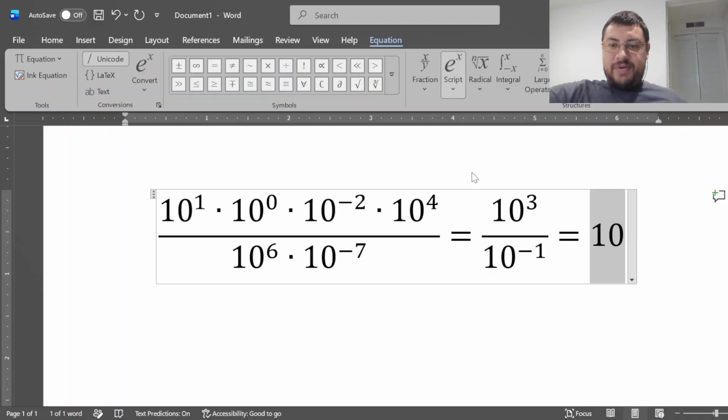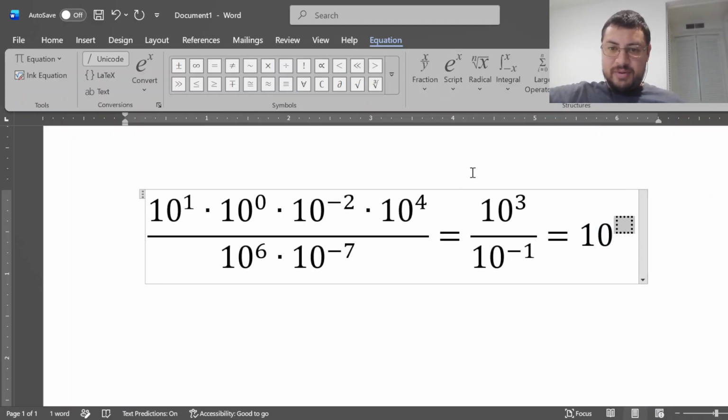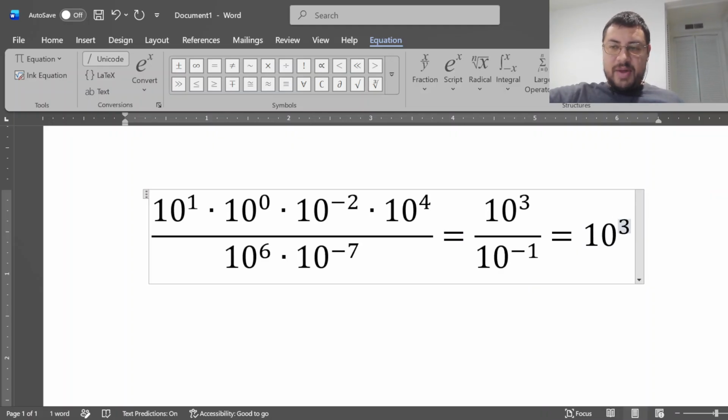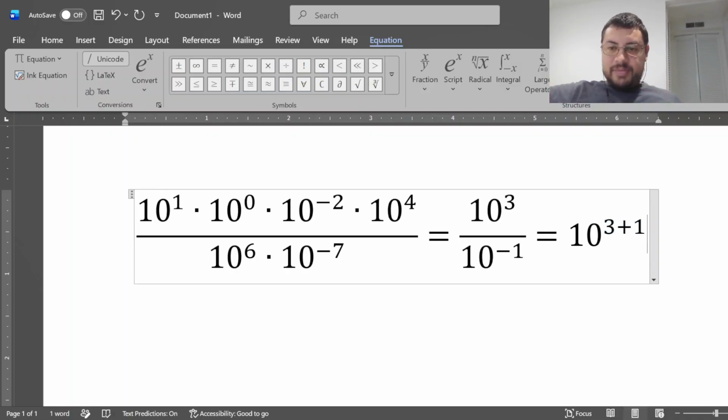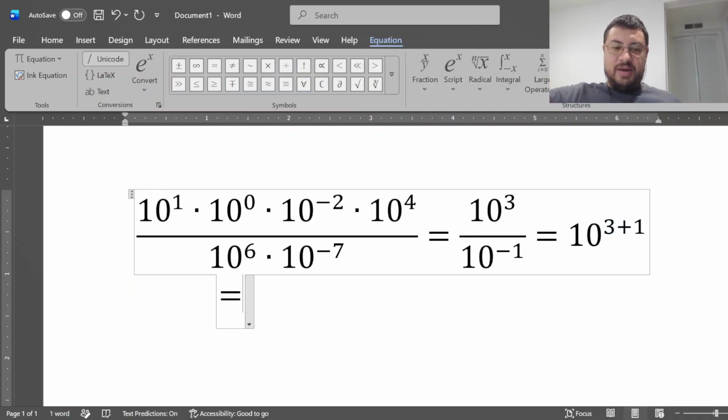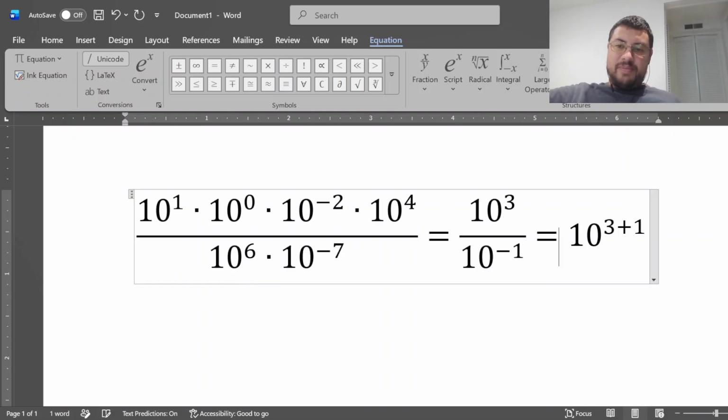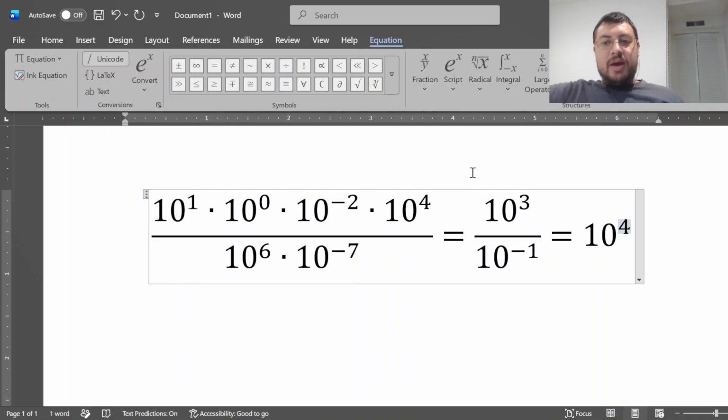Sorry, I'm not in my office where I have fancy graphic tools. So this would be 3 plus 1, 3 minus -1, whatever you want to call it. And of course, that's going to be 10 to the fourth power. I don't feel like writing a new line, so I'll just go like that. Okay, 10 to the fourth power.